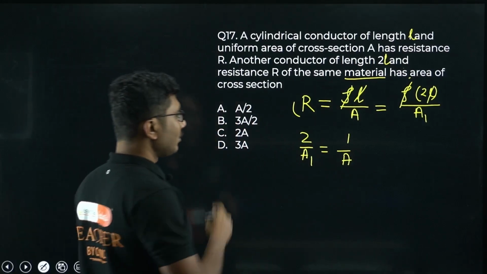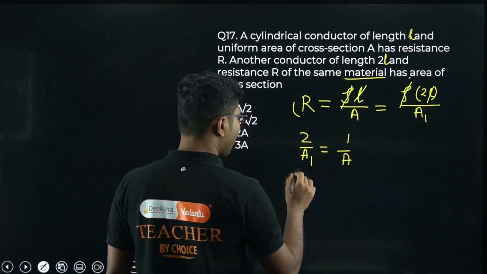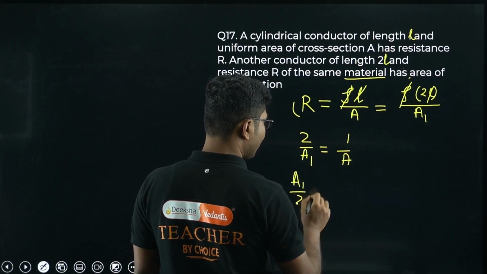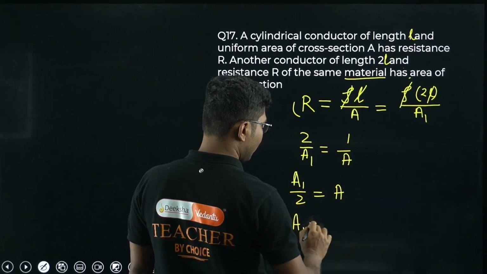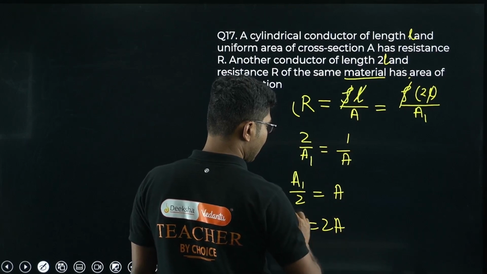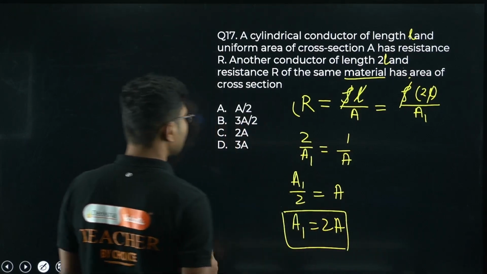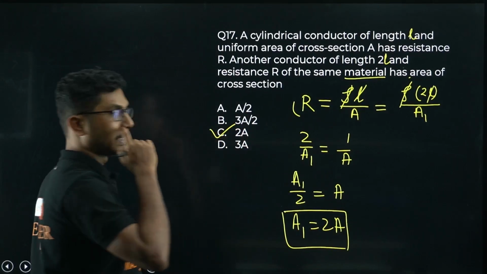So 2 by A1 is equal to 1 by A, or A1 by 2 is equal to A, or A1 equals 2A. So this is the answer. It will be 2A.